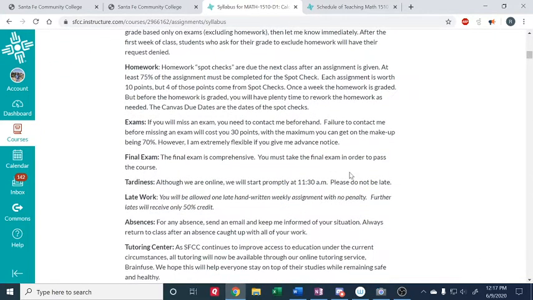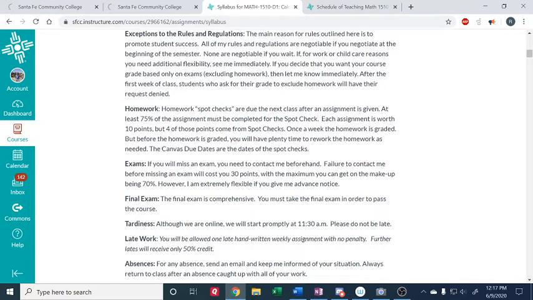Let's run through some of the things for the exams. On the syllabus, it says, all right, for the two of you that weren't here yesterday, on the homework, there's what's called a spot check, which means you're going to get homework today, which is section 1.2, and before you come to class tomorrow at 11:30, have at least 75% of that done and uploaded, and that counts as a spot check.